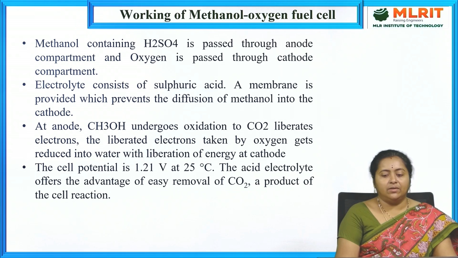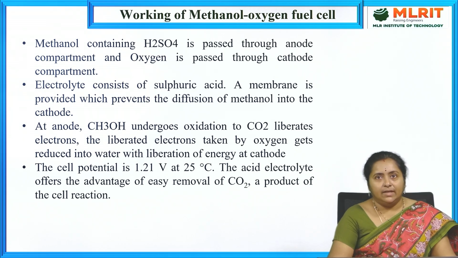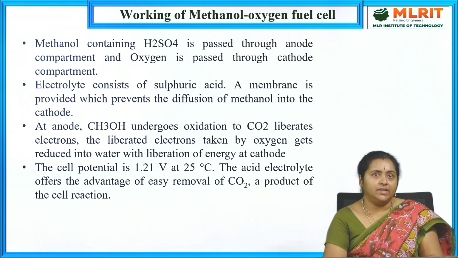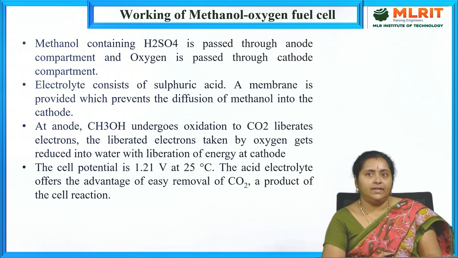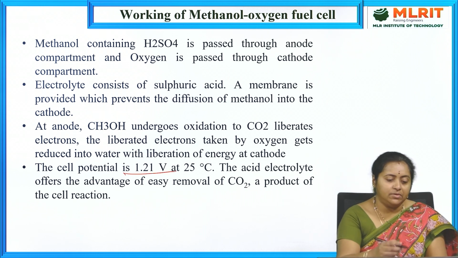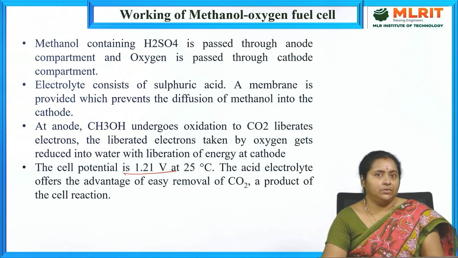As methanol undergoes oxidation, it liberates CO2, along with electrons. These liberated electrons are taken by the oxygen, which gets reduced into water. As a result, energy will be liberated at the cathode. The acid electrolyte offers the advantage of easy removal of CO2, the product of the cell reaction. As I told you, it releases an output voltage of 1.21 volts.